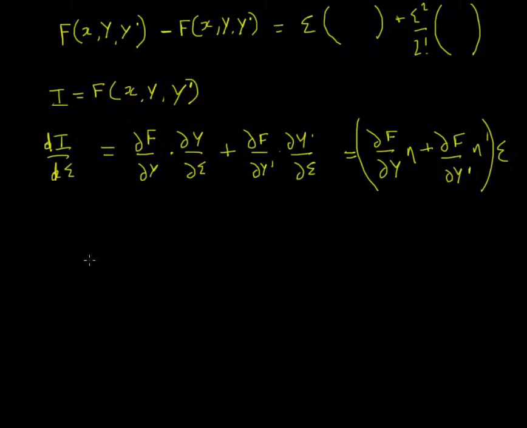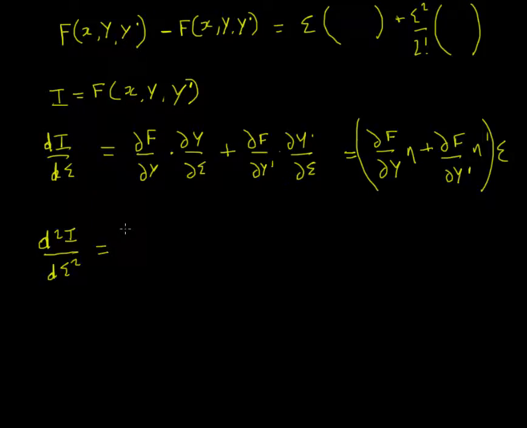Now what we're going to do is look at the second derivative, so we'll be looking at d squared I by d epsilon squared, and we're going to go through the same process.